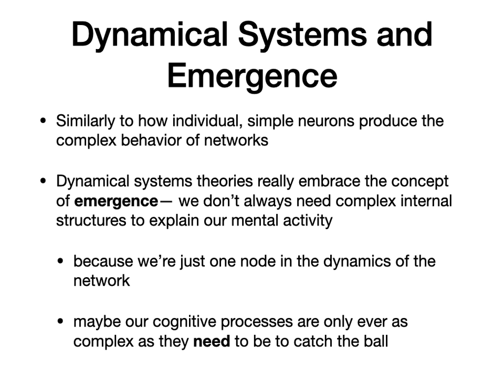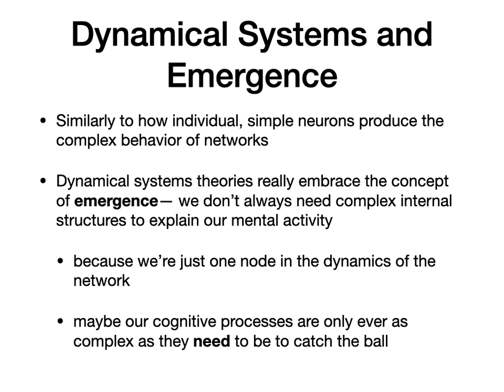So, one last thought here. It's pretty important for understanding the ethos here, maybe even the pathos, of dynamical systems, and that's how it factors in with emergence again, right?